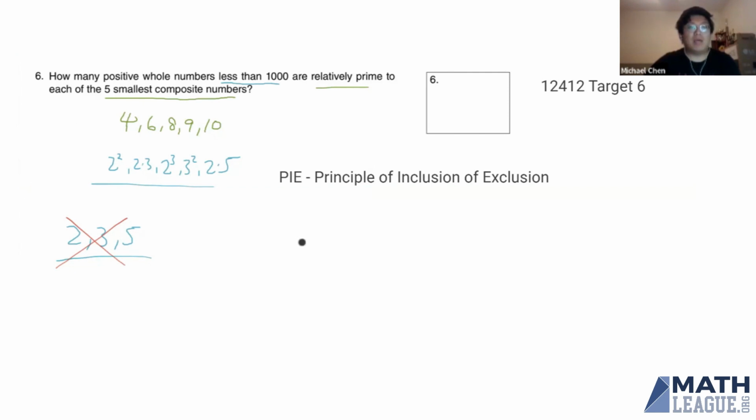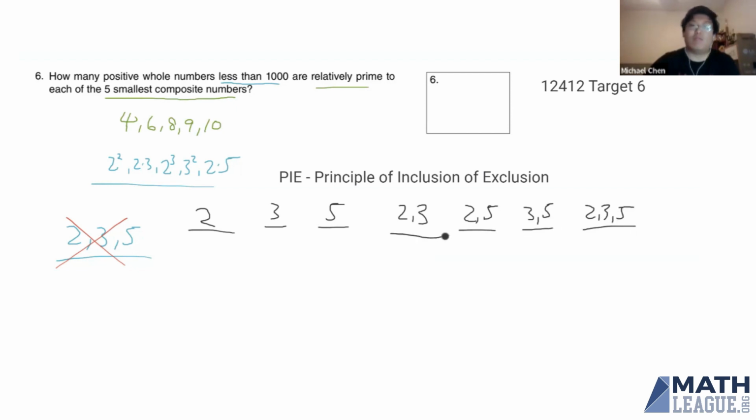So we have a couple categories. We have numbers divisible by 2, 3, 5, 2 and 3, 2 and 5, 3 and 5, and 2, 3, and 5. Now, you might be wondering, Michael, why do we need to do all of these? We'll take a look at why in just a bit.